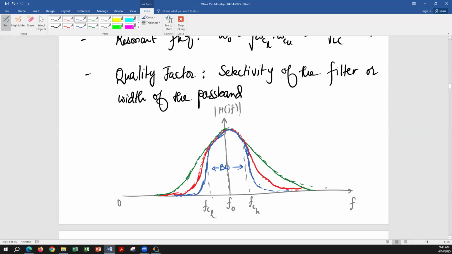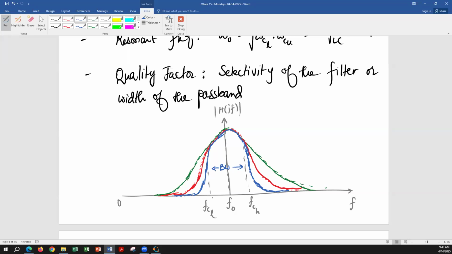So although the bandwidth of each filter is the same, the difference is the width of the transition band, which is different for each filter. The sharper the transition band is, the more selective the filter is.